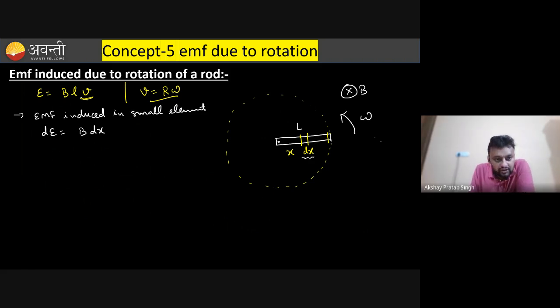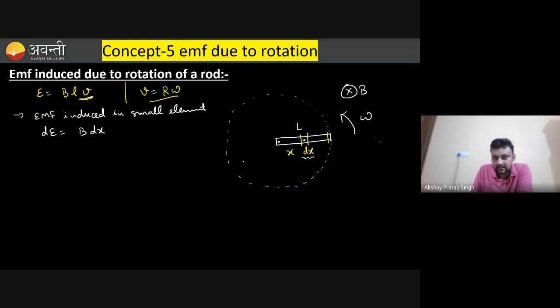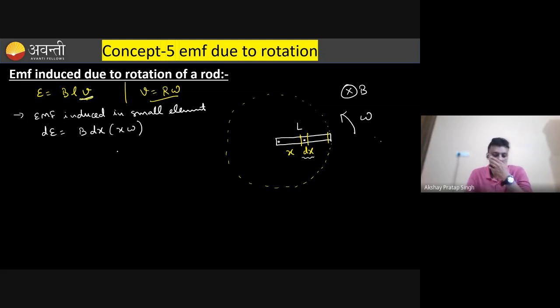What is the velocity of this small element? V is equal to r omega, you know that. And what is the radius of this point? You can say x. So velocity is x omega. Is it clear? This is the EMF induced in the small element.